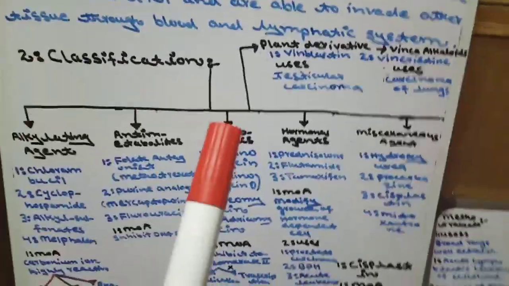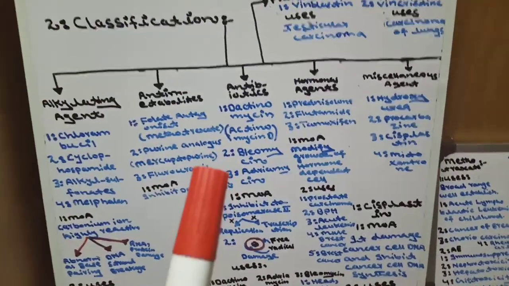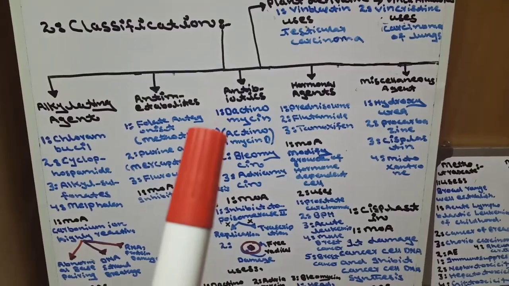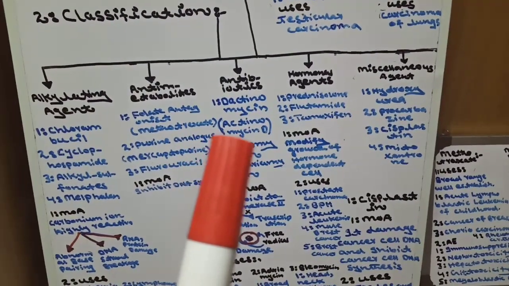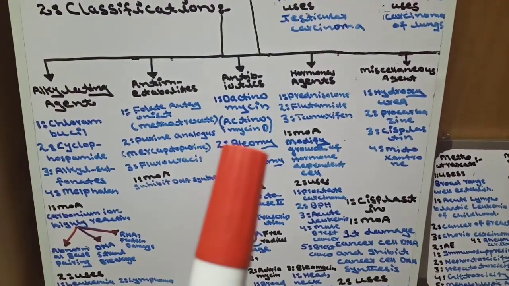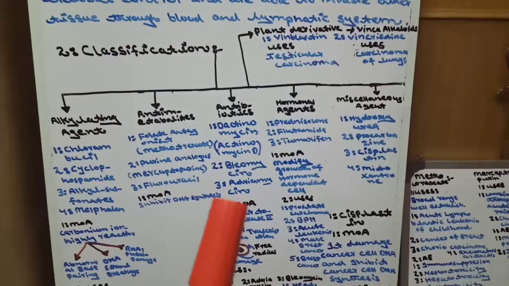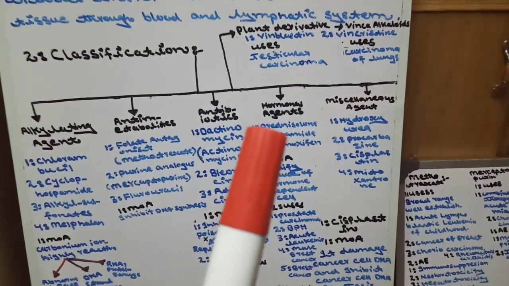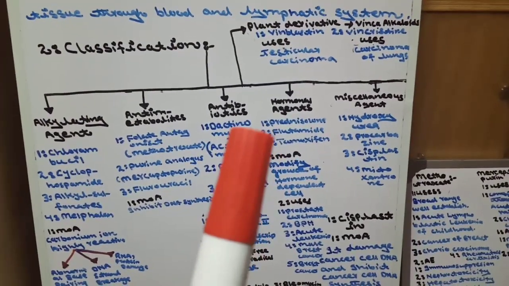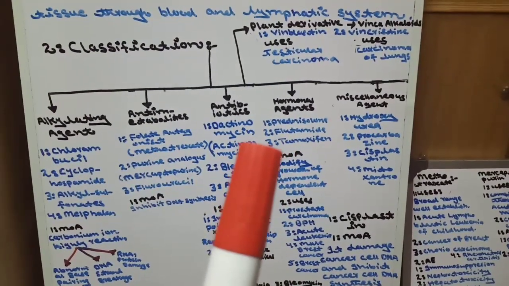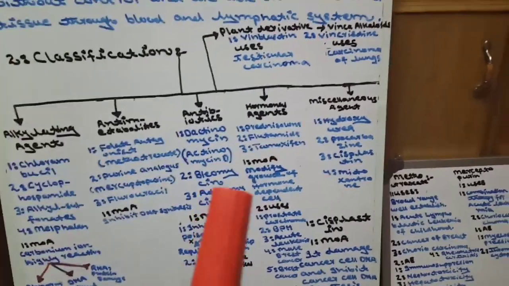In the third group, antibiotics, we put 3 types of antibiotics. Number 1 is dactinomycin or actinomycin D. Second is bleomycin. The third is adriamycin. In the fourth group, hormonal agents, we put prednisolone, flutamide, and tamoxifen.